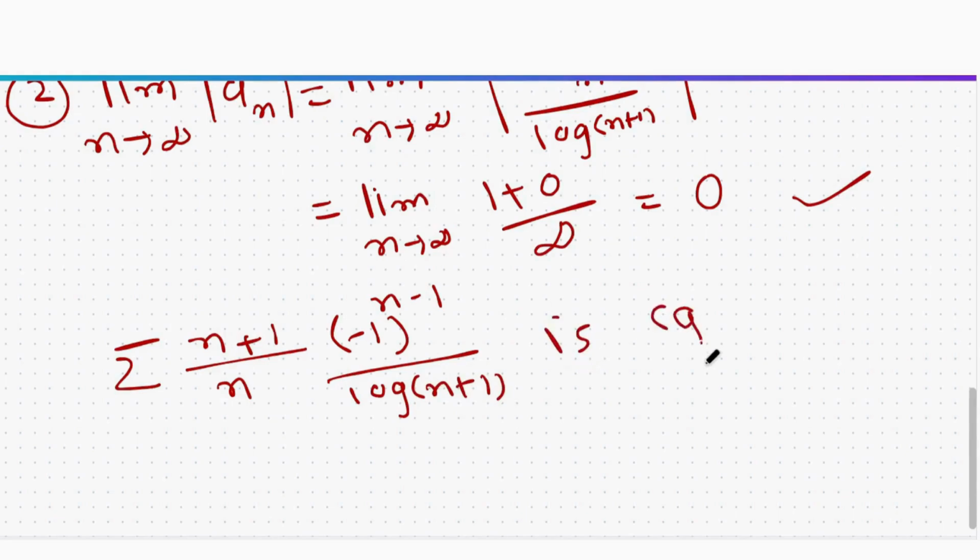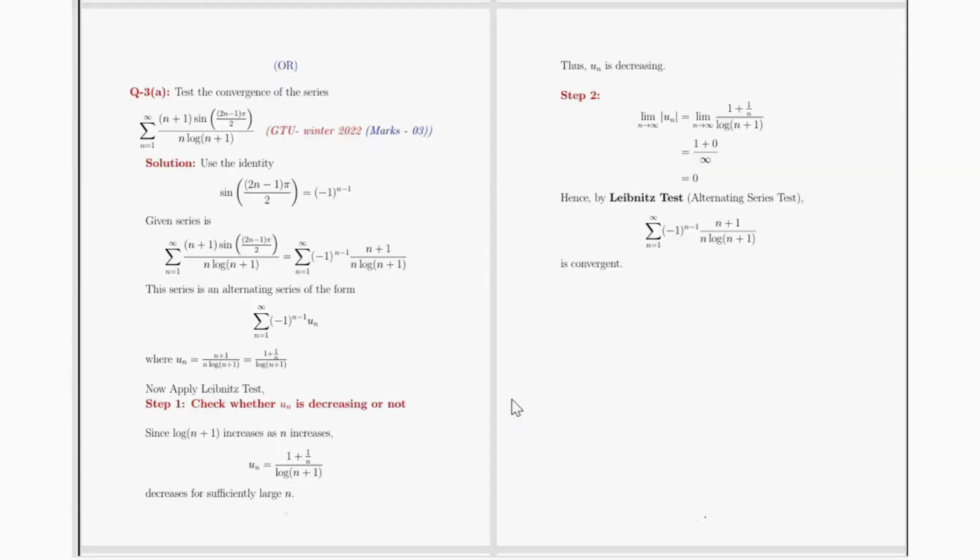Okay. This is the entire solution for ready reference. Okay, so you can refer to the complete solution from this.